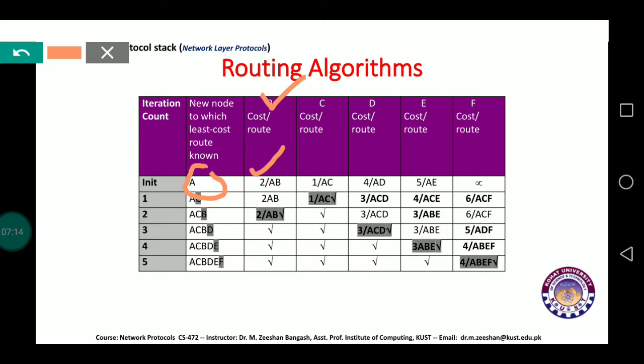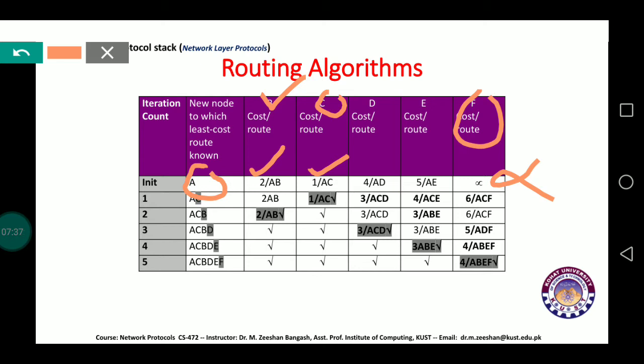This matrix shows the details about the cost of each link. Similarly, if you are at A and you want to reach C, the cost of route AC is 1. And similarly for D, E, and F, and there is no direct cost of the route from A to F.